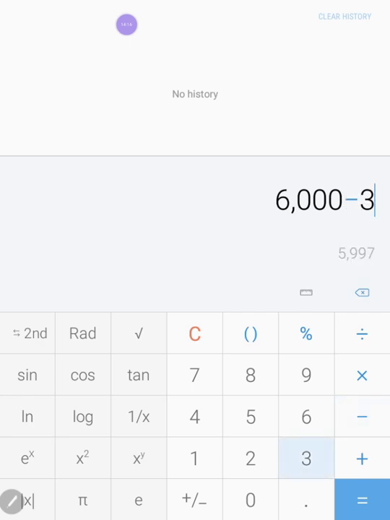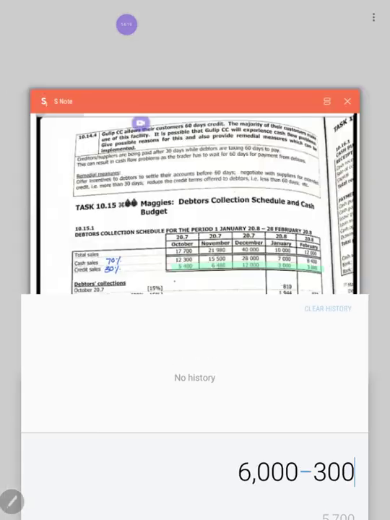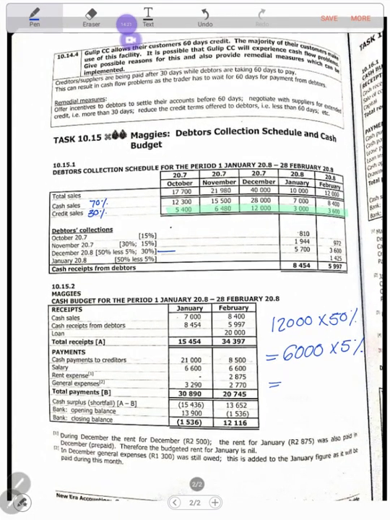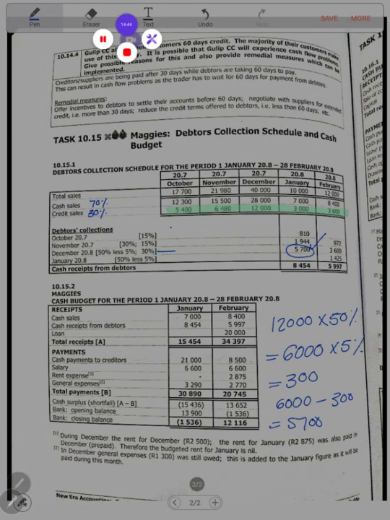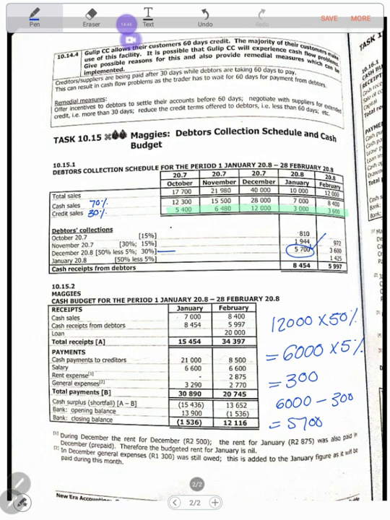So I'm subtracting 300 Rand. How much will I be receiving from my debtors 1 month later? 5,700. All right, remember 6,000 minus the 300 gave us 5,700, which is what we have just received in that month. 1 month later, 50%, subtract the 5% discount. All right, so now we are moving along.